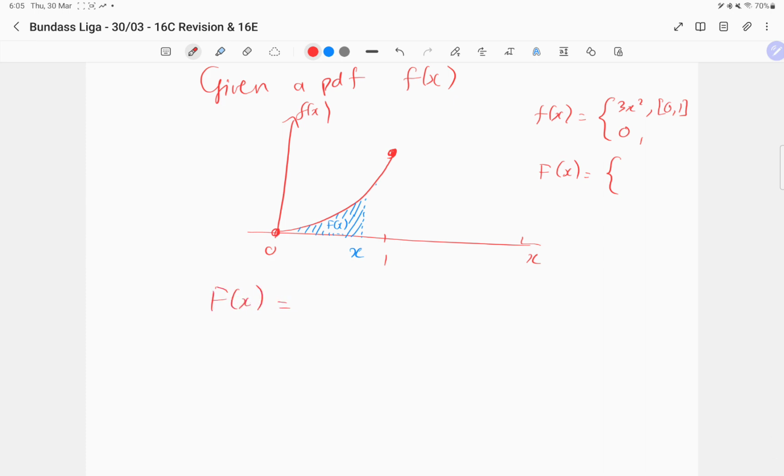Big F of x is equal to the antiderivative from the left to, and this is key, an unknown value x. It must be a function, so ultimately there must be x inside it. So you're antideriving from the left, in this case 0, all the way to the value x, of the function f(x), and that is the cumulative distribution function, CDF. That's it.